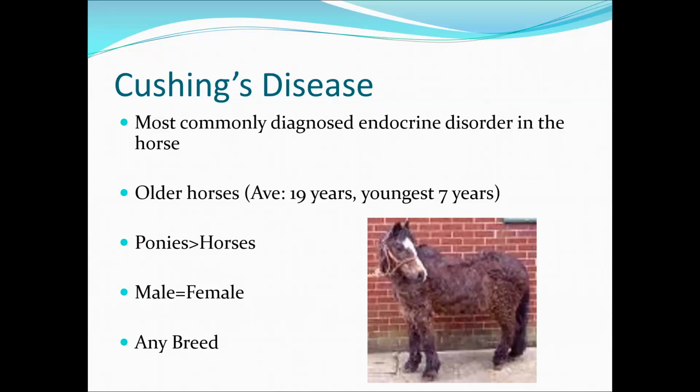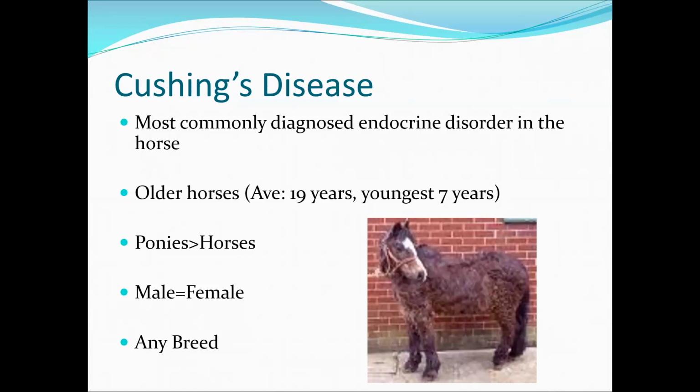But it is very common, to the point that 1/3 of old horses have Cushing's. Once we get to our 25 and up category, 1/3 of the horses in that age group are going to have this. So it almost seems like an aging change in some of these guys versus a true tumor, which shouldn't affect that much of the population.